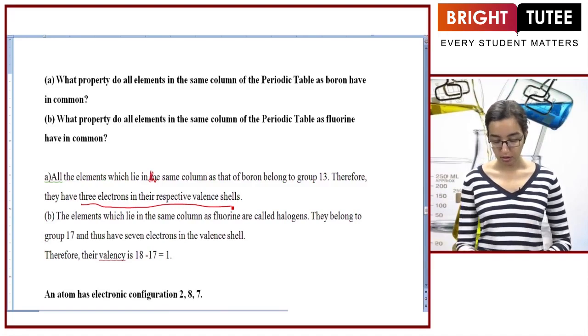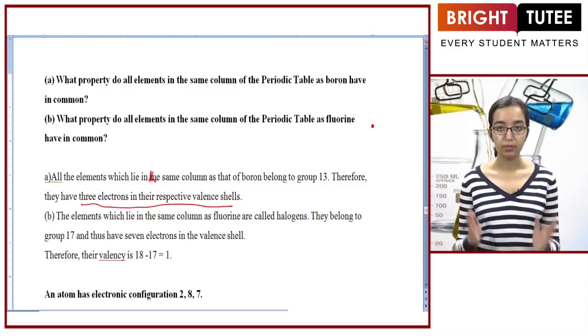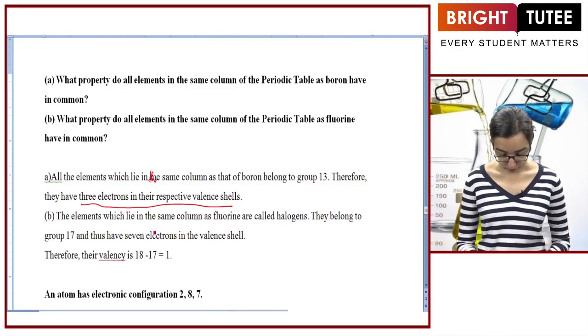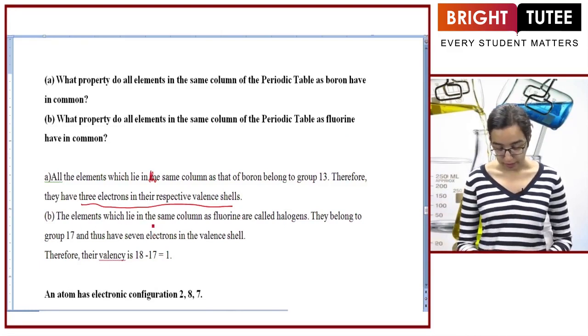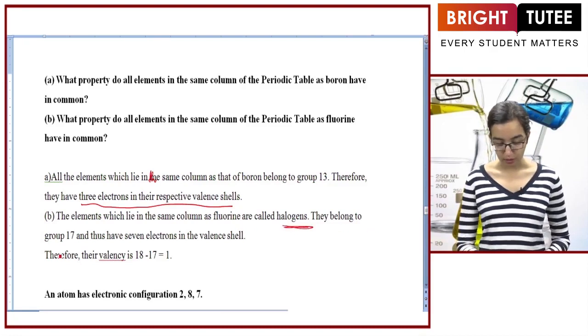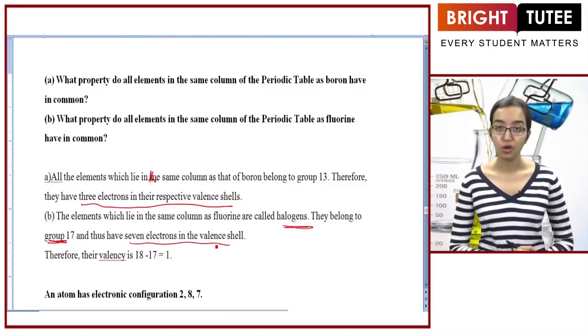Columns are the groups. So what are the properties of all elements in the same column in the periodic table as fluorine? Again, column is a group and all the groups have the same number of valence electrons. The elements which lie in the same column as fluorine are called halogens. That is because they belong to group 17, which has 7 electrons in the outermost shell and thus has a valency of 1.